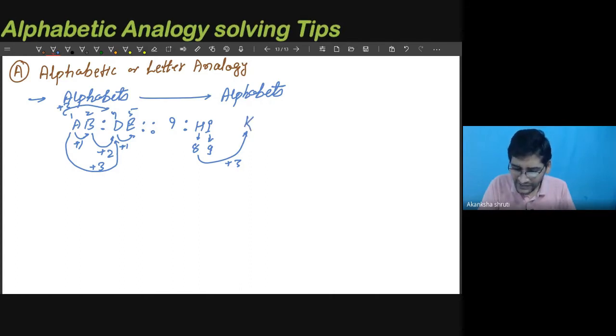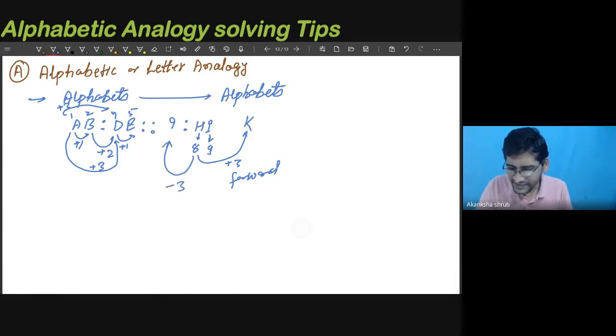So if you write K, students, that will give you a wrong result. Why? Because this K will be the forward one. Many a time our students commit this mistake. But what we need is the one before this. So for going before, I need to go for -3.